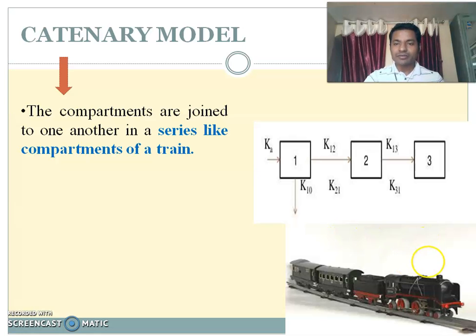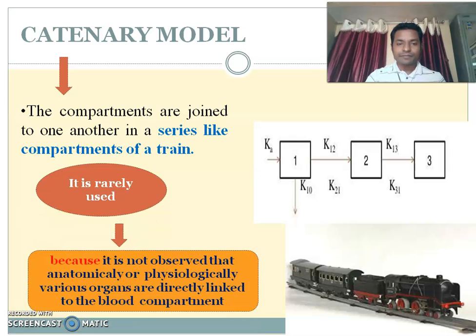Right. It looks like a train, and it is very rarely used. Why? Because it is not observed that various anatomical and physiological organs are directly linked to the blood compartment. What is the meaning of this? We do not observe in an animal body or human body that all compartments are directly linked to the blood compartment. Right. So that's why it is very rarely used.